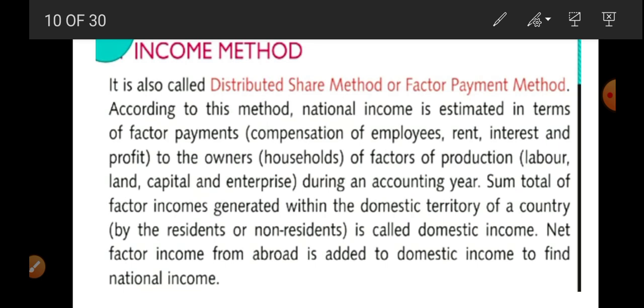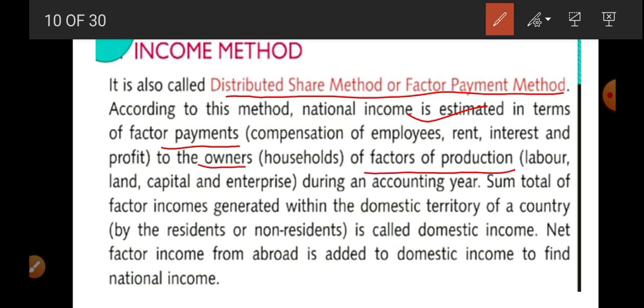So what is income method? It is also called distributive share method or factor payment method. So this is the alternate name of this method. According to this method, national income is estimated in terms of factor payments to the owners of the factors of production during an accounting year.